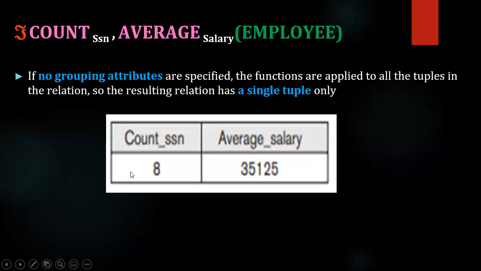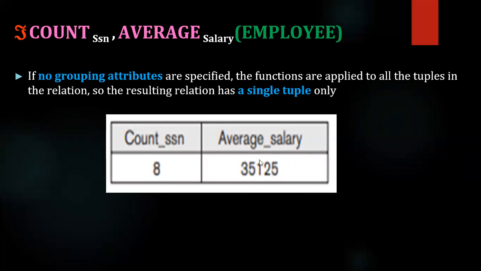We just write the aggregate function symbol, script F, function name count, attribute SSN, which counts the total number of tuples, that is, the total number of employees. Average of the salary adds the salaries of all the employees and finds the average. Here we are not given a grouping attribute, so the aggregate function will be applied on the whole table. The total number of employees is 8 and the average salary is 35,125.